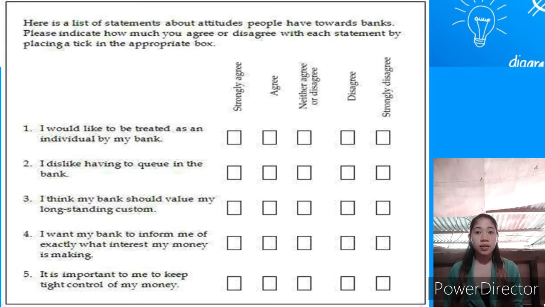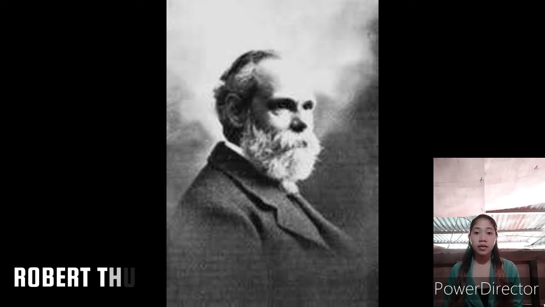In making a Thurstone scale, statements are presented followed by the attitudes towards the statement. These attitudes are classified as strongly agree, agree, disagree, and so on. This scale was developed by Robert Thurstone to approximate measurement in equal appearing interval levels.